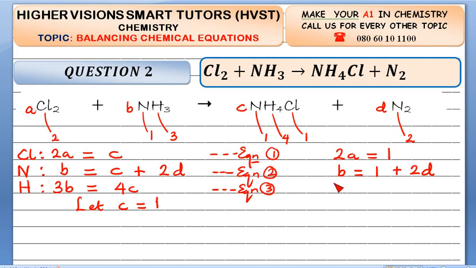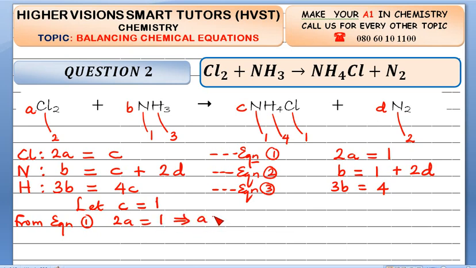So it will be 3B is equal to 4 times 1, because we said C is 1. So 4 times 1 is going to be 4. Okay, we have a new equation 1, and then the whole equation for equation 2, and another equation 3. So from the newly generated equation 1, we have 2A is equal to 1. We can find our A.